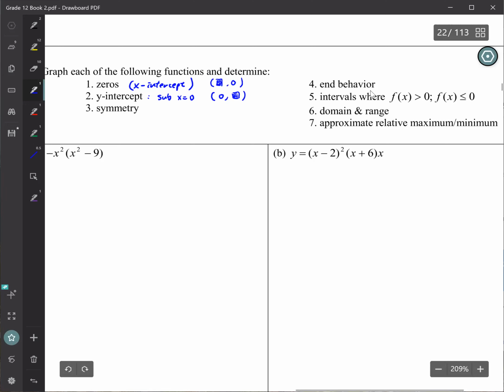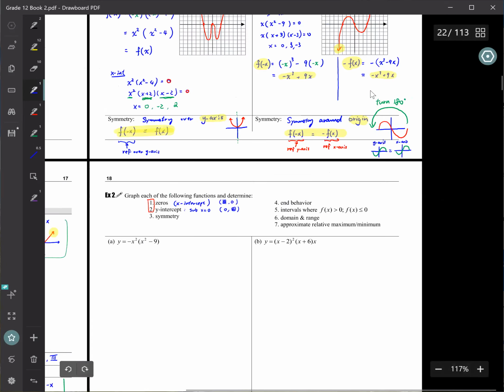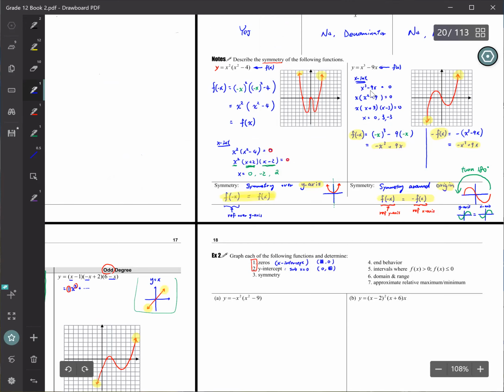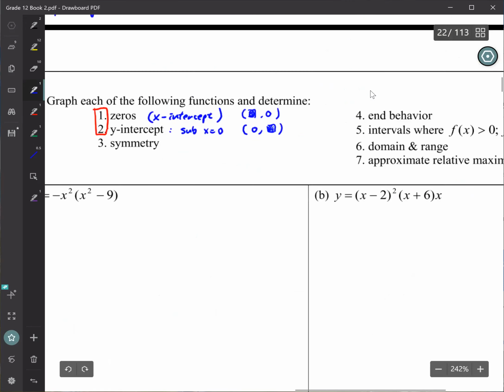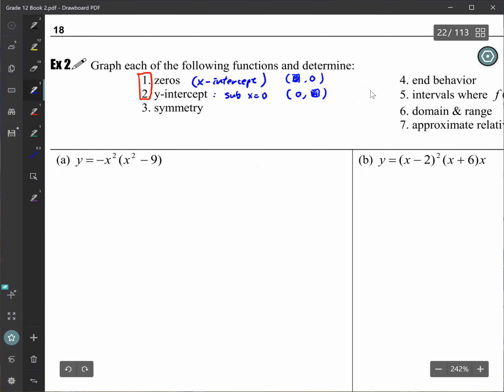So basically, number 1 and 2 are like a pair. Number 3, the symmetry. We have two kinds. Remember two pages ago, at the beginning, we talked about two kinds of symmetry, so we need to know how to check. We have the one over the y-axis: f of negative x equals the original f of x.